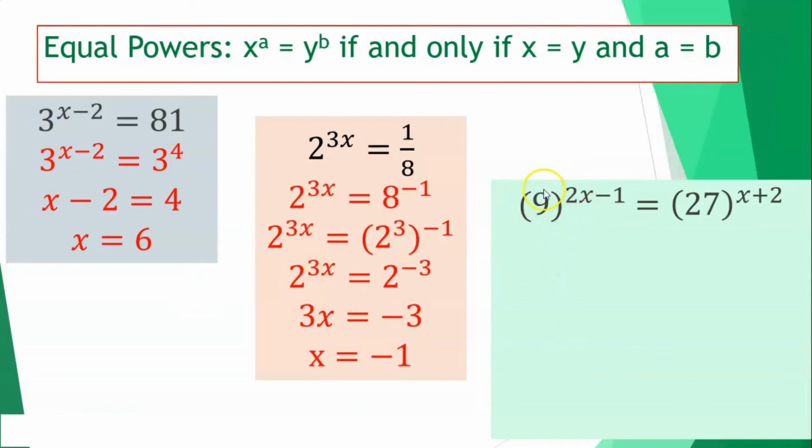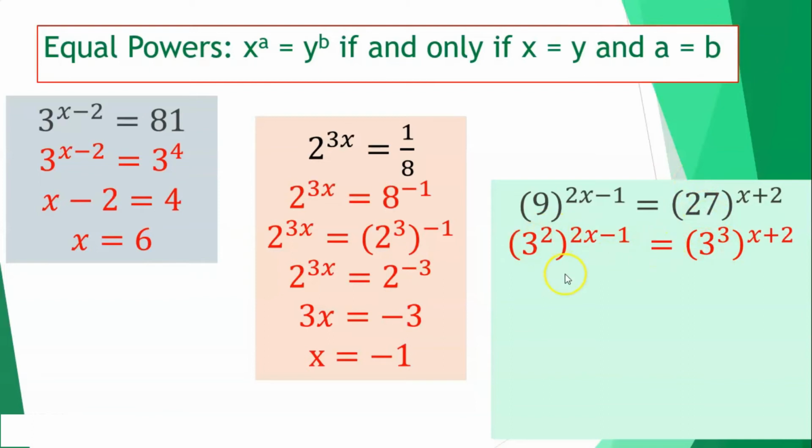Okay, another. 9 to the power of 2x minus 1 is equal to 27 to the power of x plus 2. Now at this point, you have here 9 and 27. So we can rewrite these numbers to the base of 3. So with this, we can have 9 as 3 squared and 27 as 3 to the power of 3.